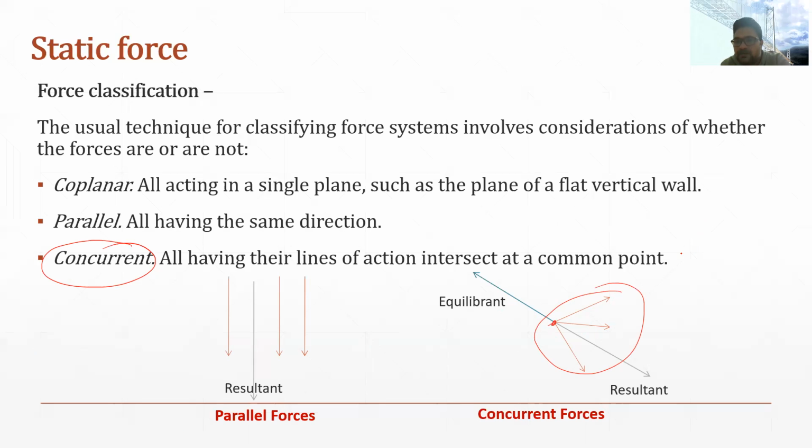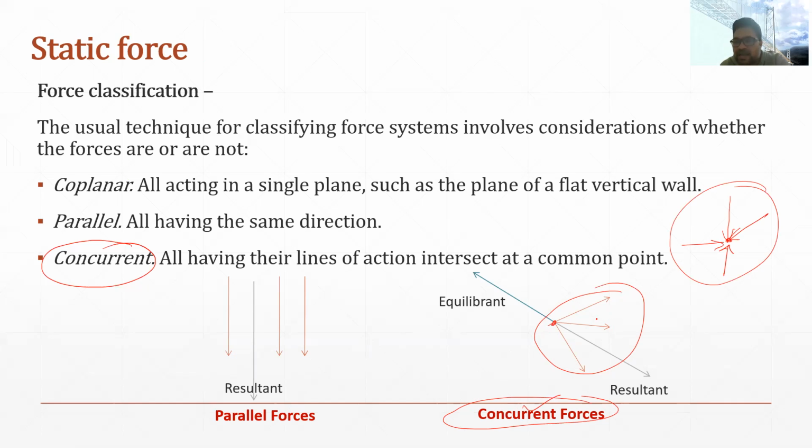Similarly, in this case, if this is a single point and all the forces are acting on that single point, those are also in the category of concurrent forces. So forces originating from a single point, or a number of forces applied on a single point, will be called concurrent forces.